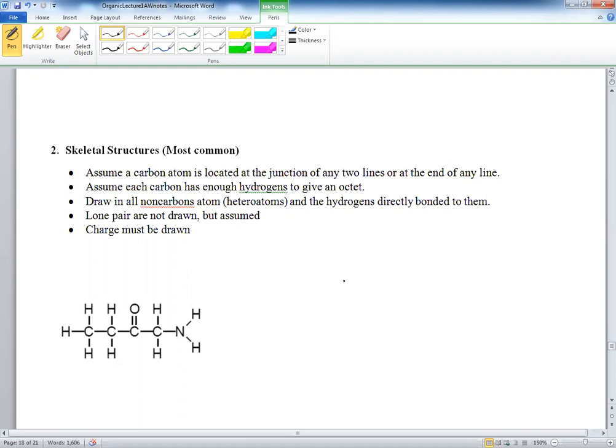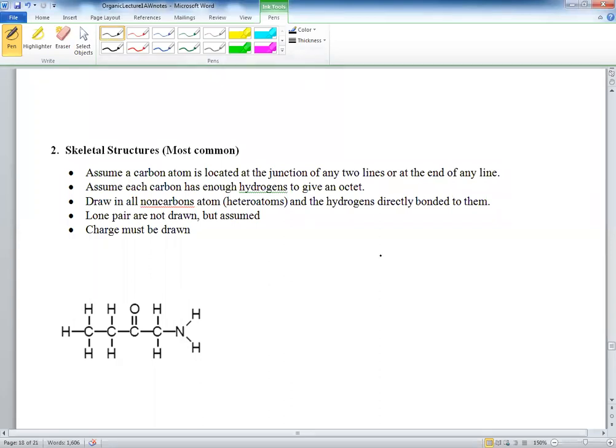Of course, some atoms will be shown to clarify, not to confuse the reader. Here, it assumes that the carbon atom is located at the junction of any two lines or at the end of a line. What does that mean? So we're not going to show carbons anymore.